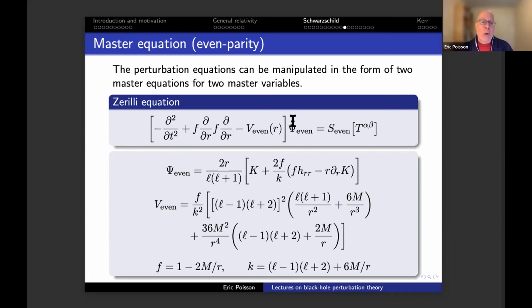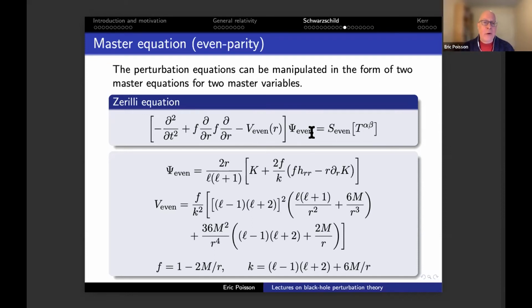That master variable will satisfy a wave equation with a source term that you can compute from all of those pieces of the energy momentum tensor. So that becomes a very efficient way of packaging the field equations. There are results that tell you that if you know the solution for the master variable, you can reconstruct the remaining metric perturbations from it.